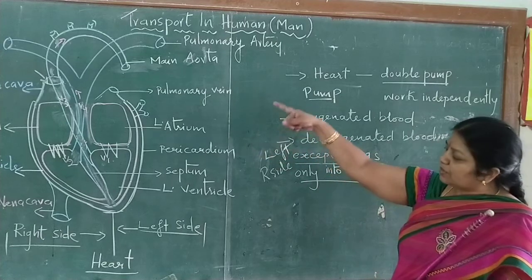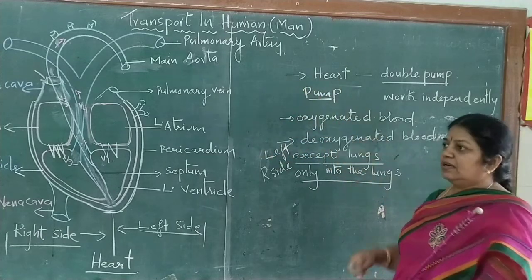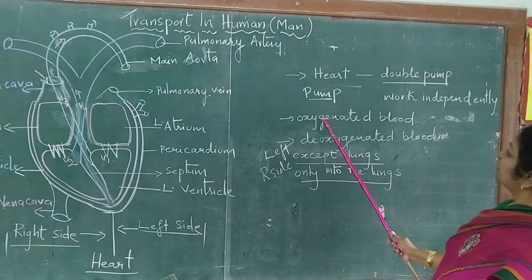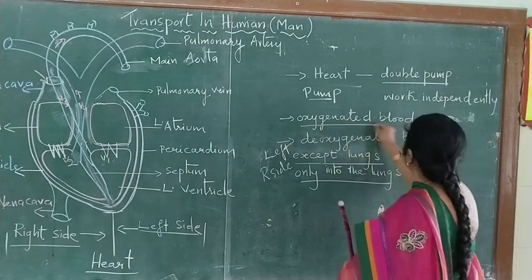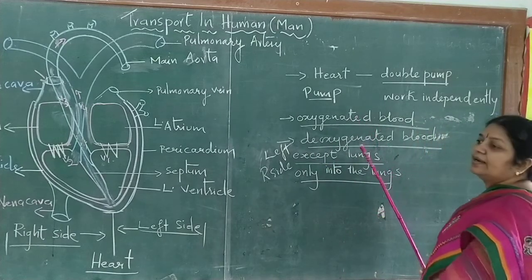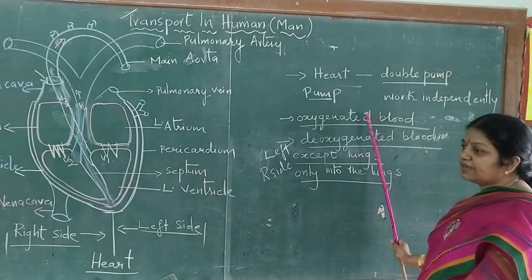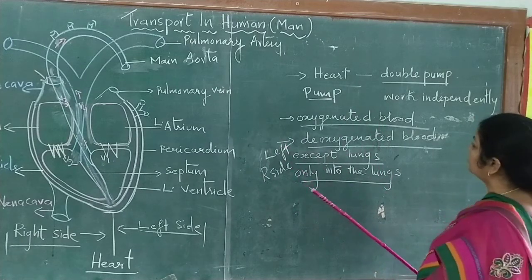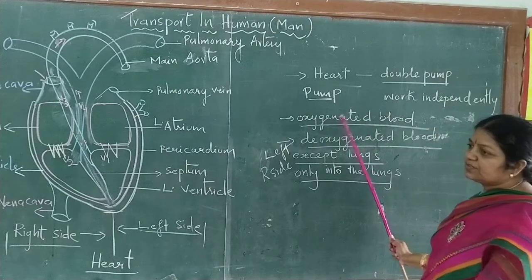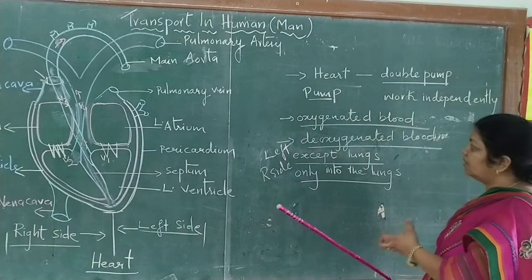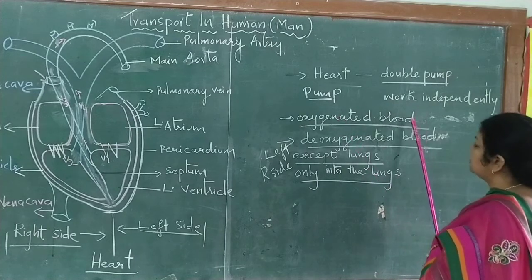The blood is of two types: oxygenated blood and deoxygenated blood. I always said impure blood and pure blood, but here we talk about oxygenated blood, which means blood in which oxygen is mixed, called oxygenated blood.